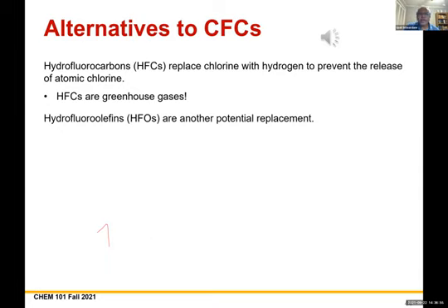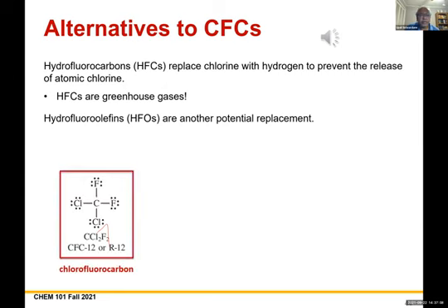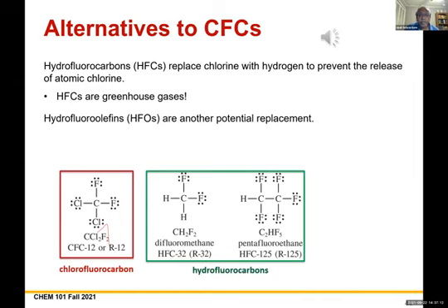They break down. They are not inert like freon. Olefins are carbon compounds with a double bond. The freon is replaced by HFCs, hydrofluorocarbons. So now chlorine is gone. That's currently being used.